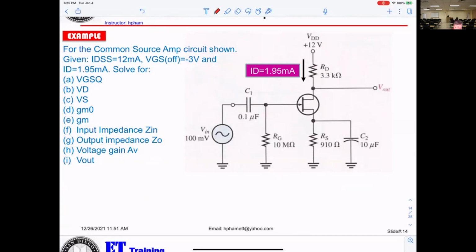VGSQ. You know, we don't use the graph. In this case, they give you the current ID equal 1.95 milliamp.